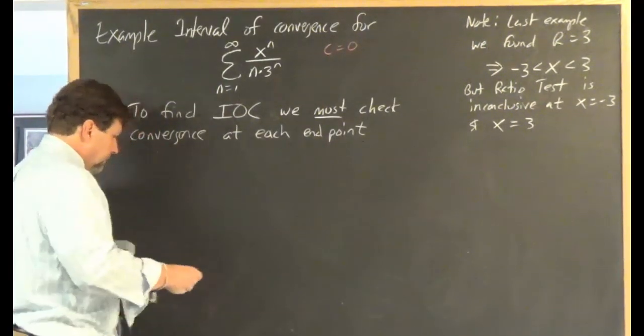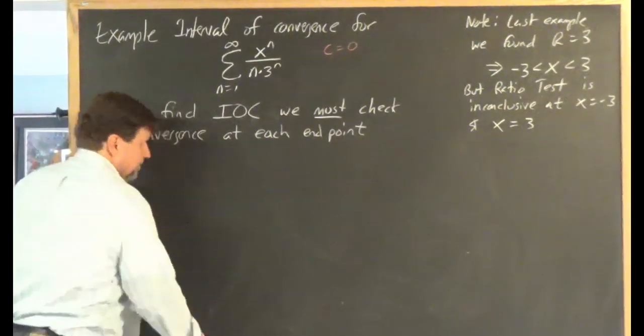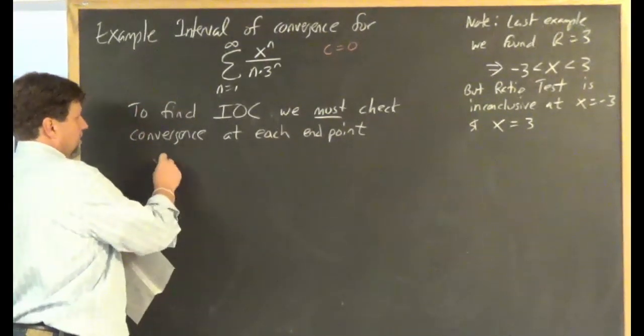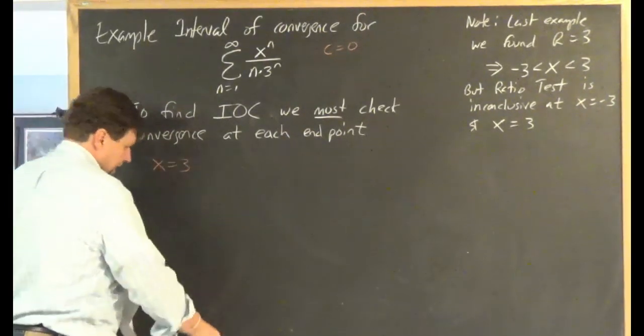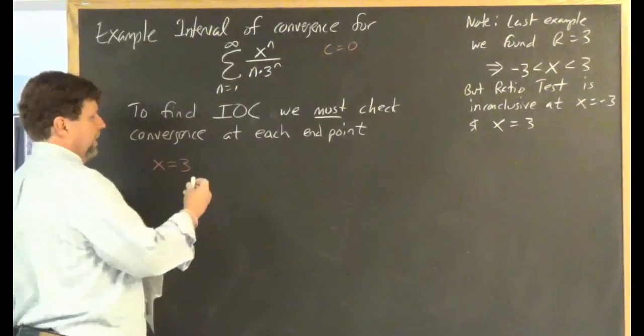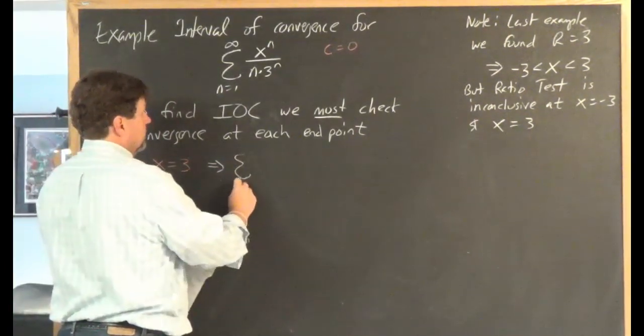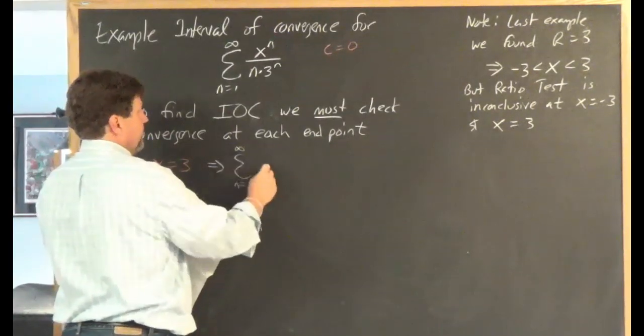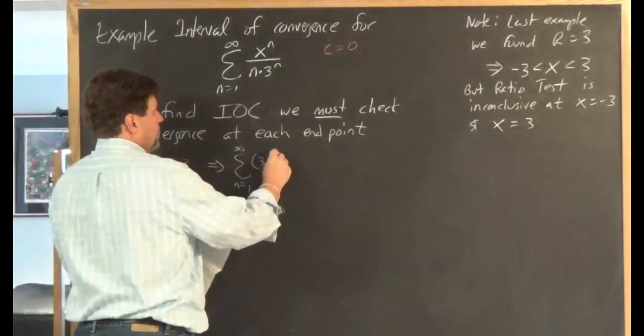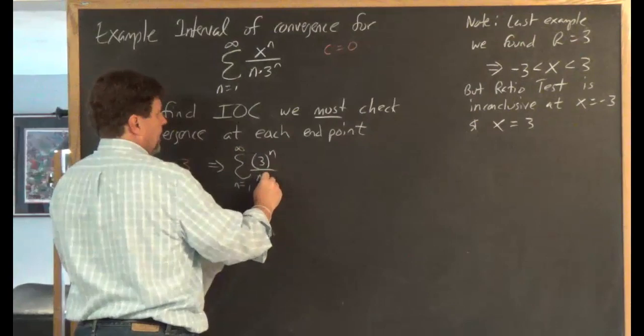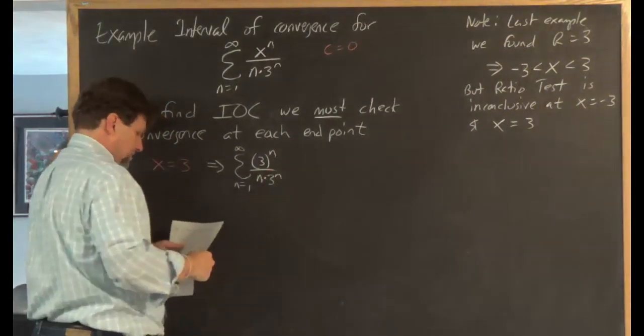So here I go. I'm checking the endpoint x equals 3. That gives me the series n equals 1 to infinity, 3 to the n over n times 3 to the n.